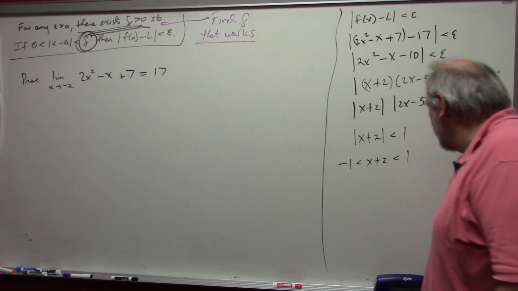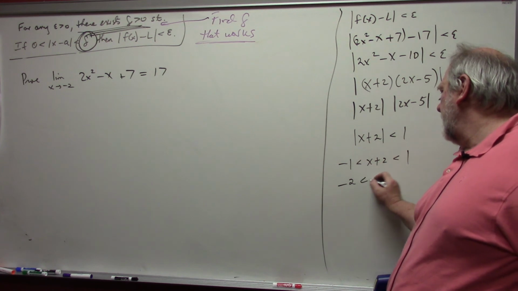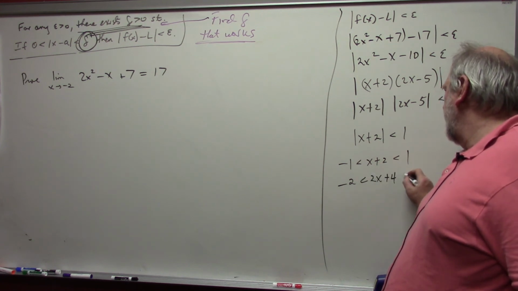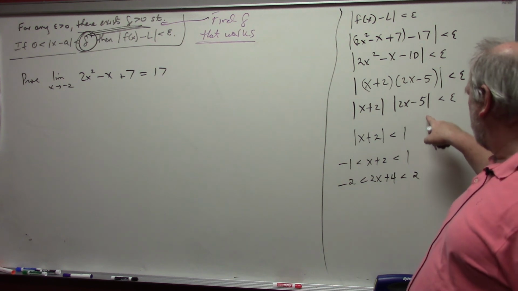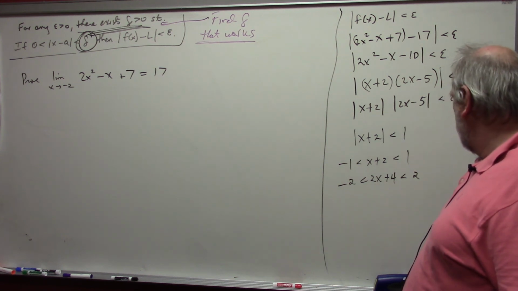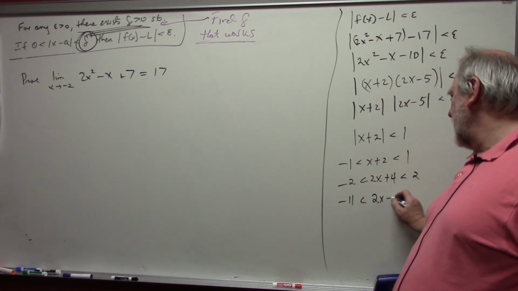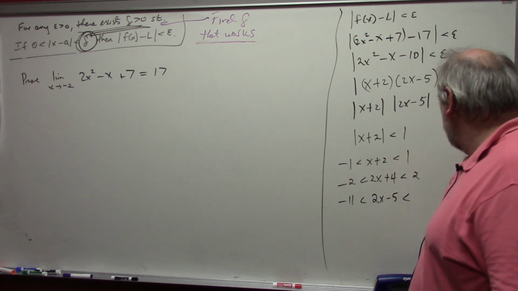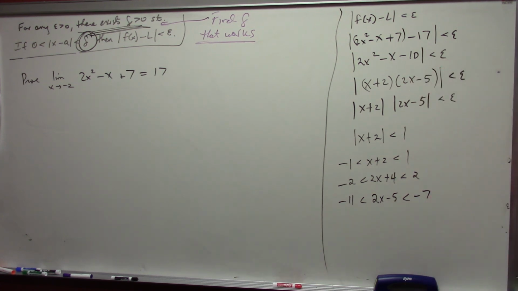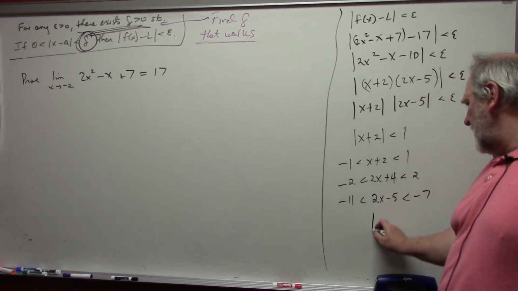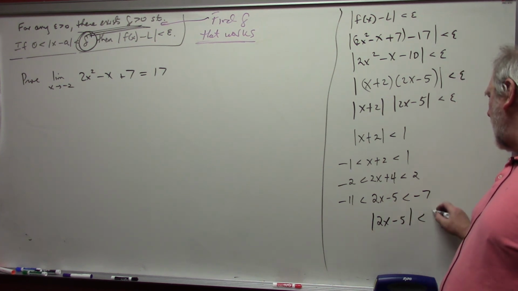I have to build 2x minus 5, so first I'll multiply by 2 everywhere, and then I will subtract 9. And so that gives me -11 is less than 2x minus 5 is less than -7. And then the absolute value of 2x minus 5 is less than 11.